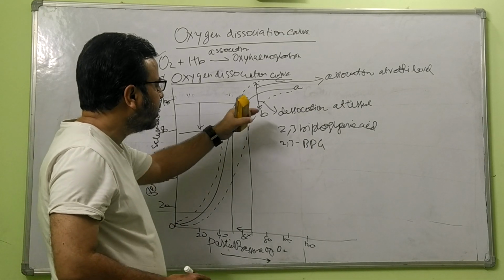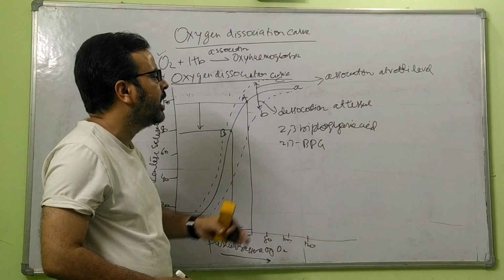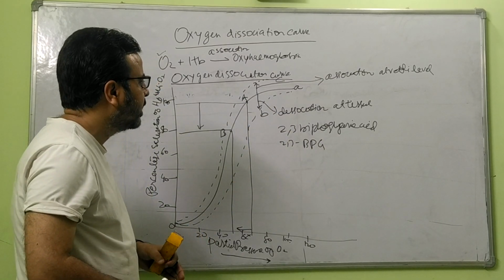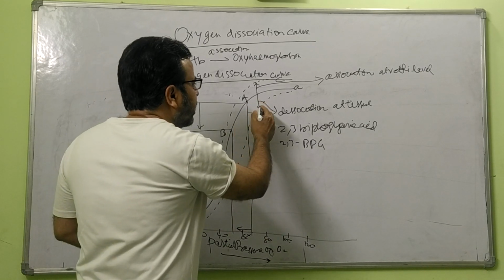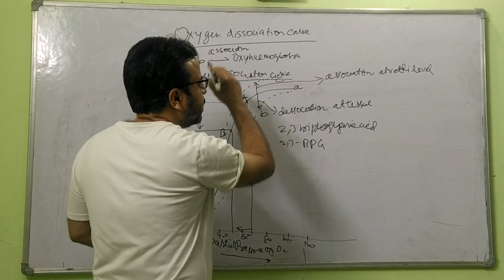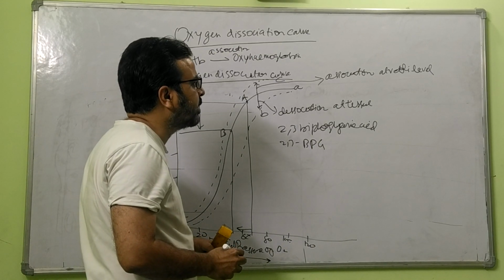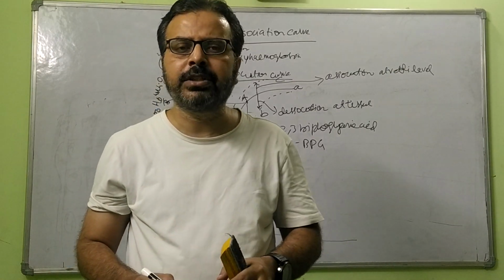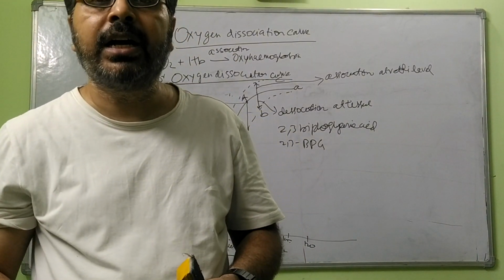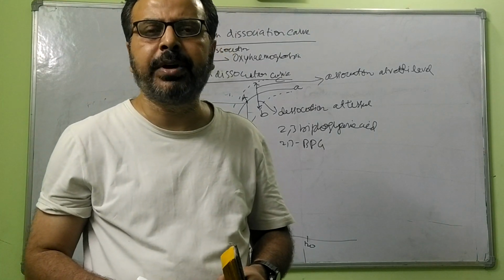Now the other favorable conditions for dissociation and association we have already discussed, and we can recap them. In the case of association, the favorable conditions will be increased partial pressure of oxygen, decreased partial pressure of carbon dioxide, decreased hydrogen ion concentration and decreased temperature.